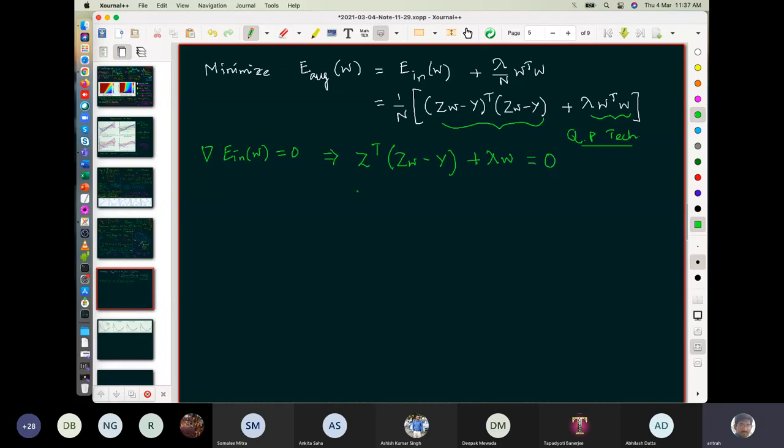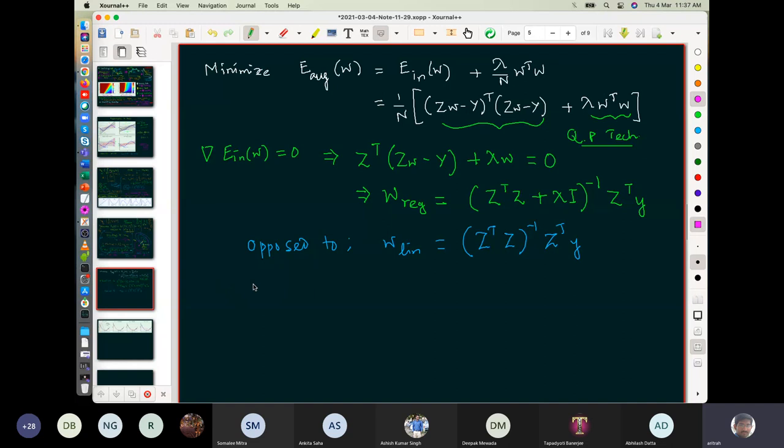Now when you get this equal to 0, that means your W_reg, that is the solution, is equal to Z^T Z plus lambda into identity, make it inverse because we have to multiply with the Y side. This is opposed to our W_lin solution, which has only the term (Z^T Z) inverse into Z^T Y. This is not really a pseudo inverse anymore because we have a lambda, our regularization parameter, coming in.